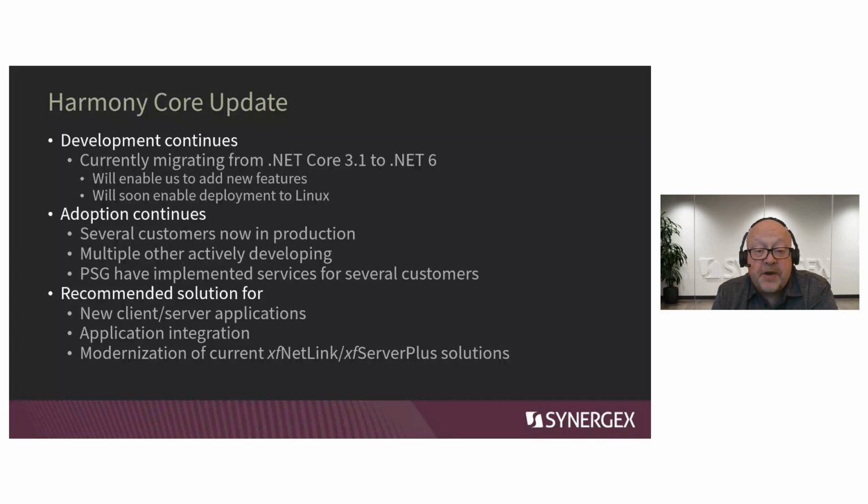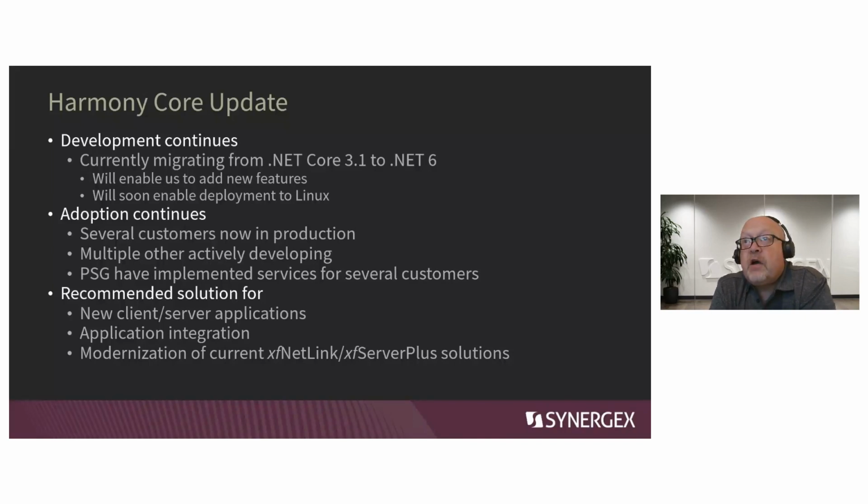Harmony Core development is a continuous process. We continue to add new features and extend functionality to meet customer requirements. We have recently completed a migration from .NET Core 3.1 to .NET 6, although that work has not yet been published. So we are doing internal testing with it.